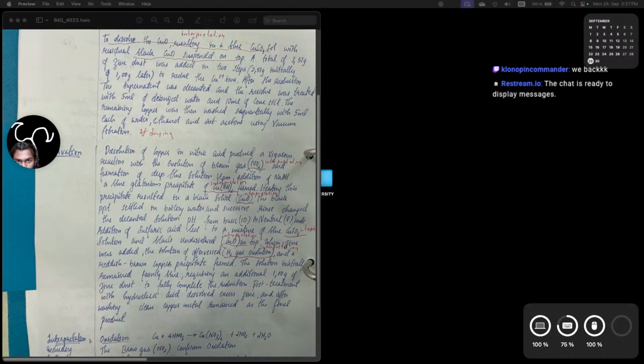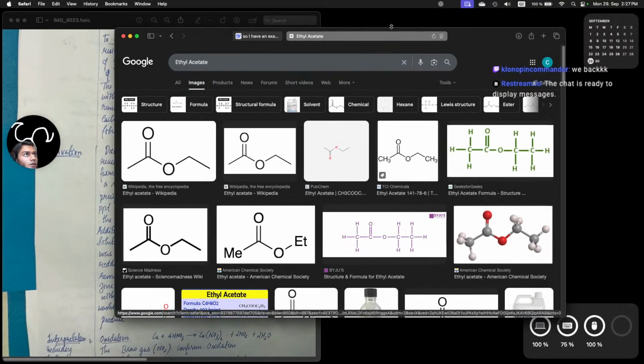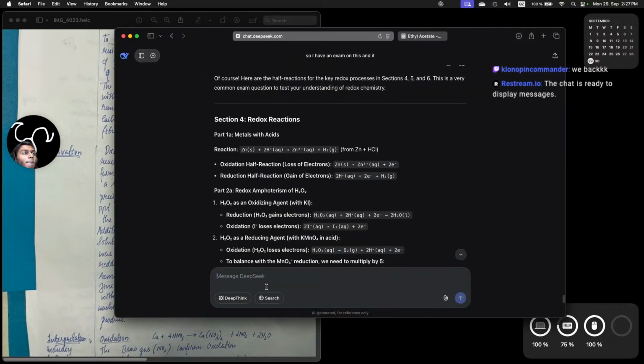DeepSeek. Did I just close DeepSeek? No way.